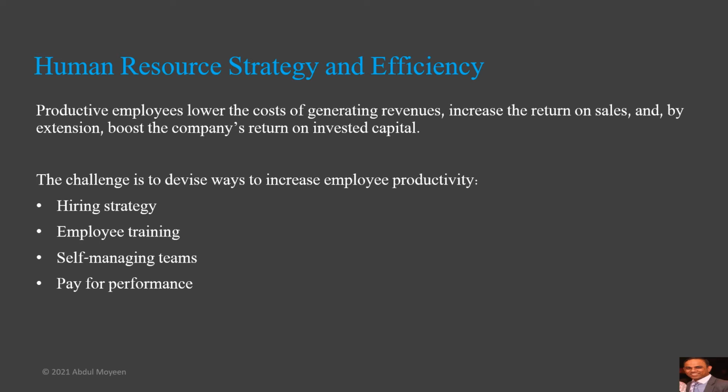Now the effect of introducing self-managing teams is reportedly an increase in productivity of 30% or more and a substantial increase in product quality. Further cost savings arise from eliminating supervisors and creating a flatter organizational hierarchy, which also lowers the cost structure of the company.